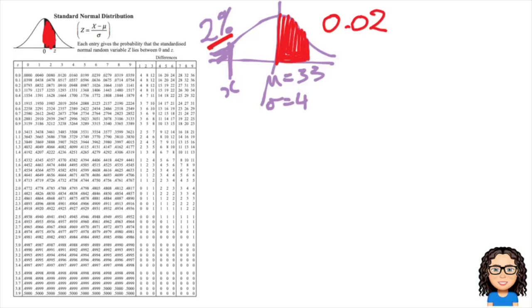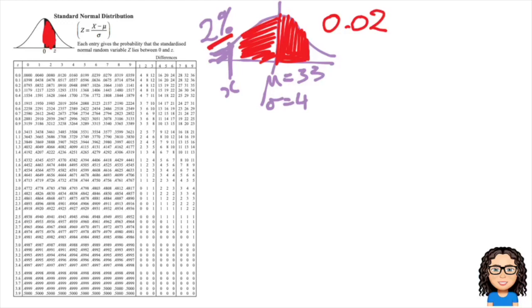Because the distribution is symmetric, this side will also be the same probability, but I need to manipulate this because I've been given the tail.